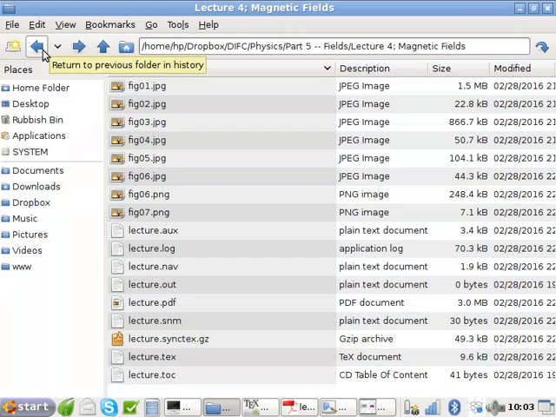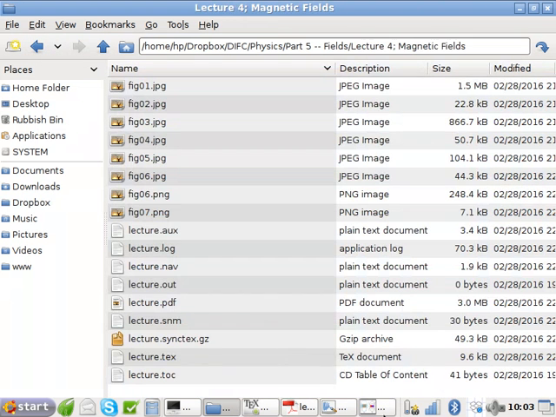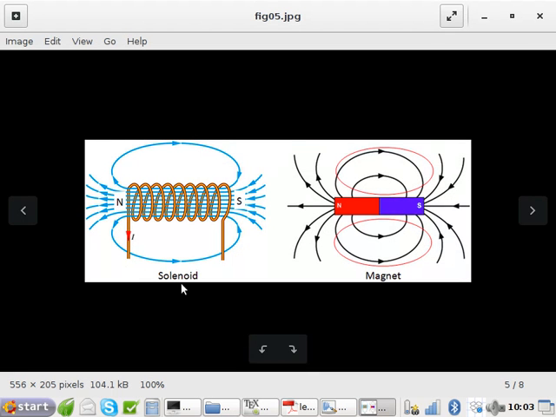Solenoid, yeah. Did you get the spelling previously? Solenoid. Yeah, yeah. I can close this picture. Yeah, okay.